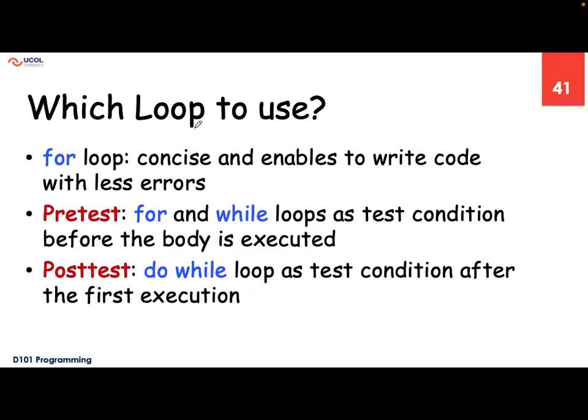But while and do while loops are used when we don't exactly know. Based on the condition we see whether it is going to be executed or not, rather than how many times. Whenever we know how many times, always try to use the for loop, and if that is not the case, we don't know how many times it is going to be executed.